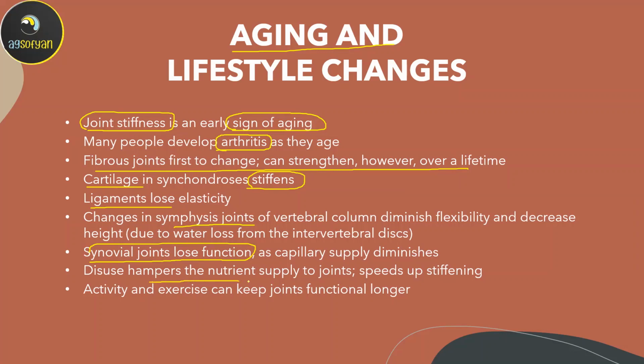Disuse or less nutrient supply to the joint will speed the hardening of the cartilage. Activity and exercise usually will keep the joints' functions longer.